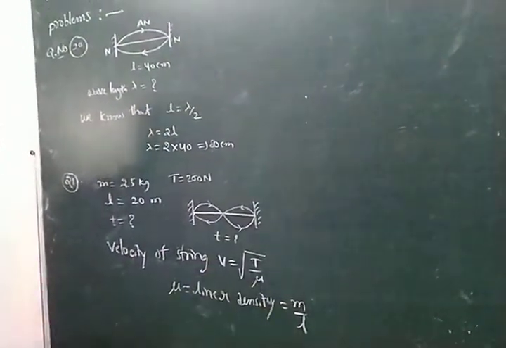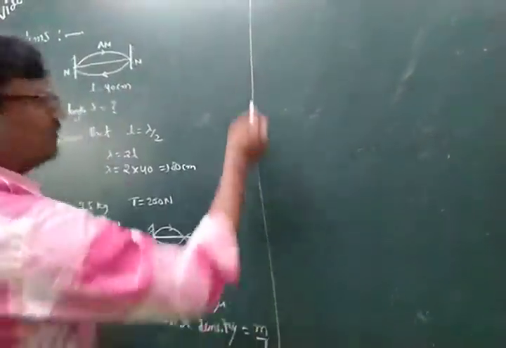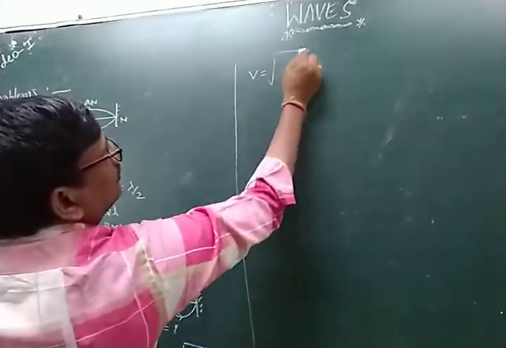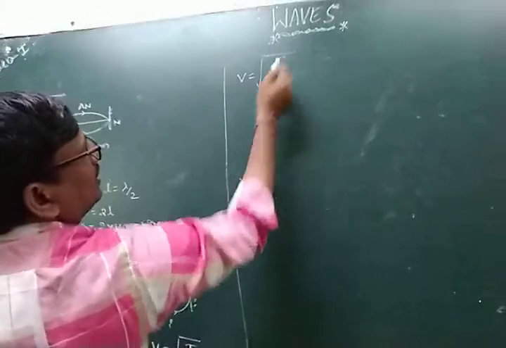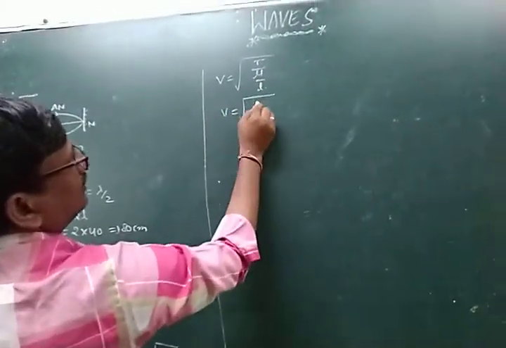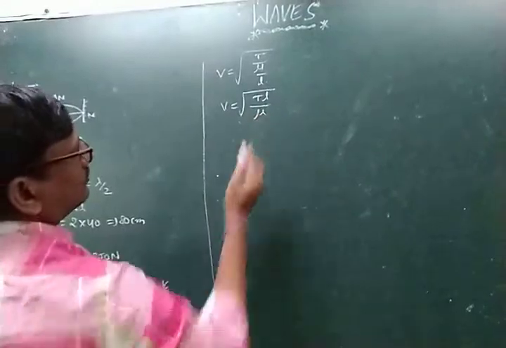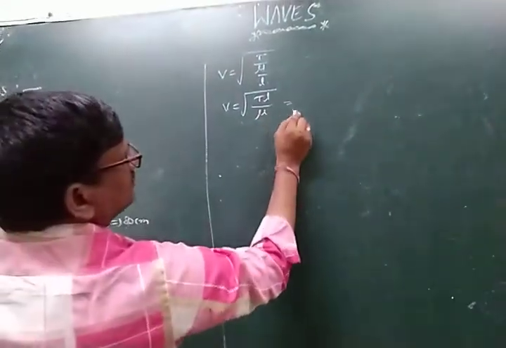Now we can substitute here. Write v is equal to under root of T by mu, where mu is m by L. Taking the reciprocal of the denominator, it is T into L by m. Then substitute the values.